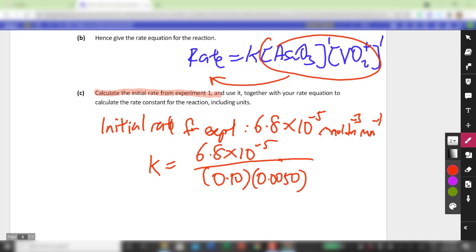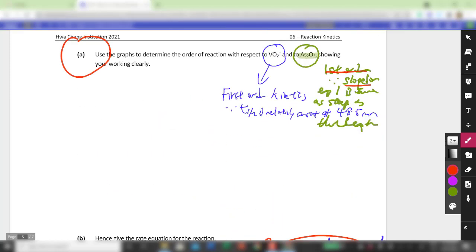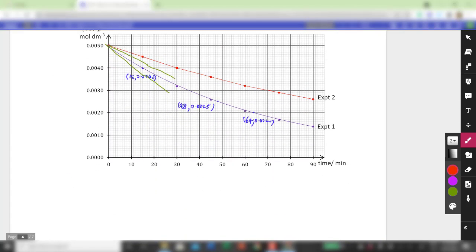Both of these are to the power of 1, and then you end up with 0.136 per mole dm cube per minute. I don't think I need to show you how to derive this. Some students ask whether we can leave the answer as per second. My suggestion is no, you don't have to change it to per second. You can just leave it as per minute because the question has time as per minute. I hope that answers most of your queries.